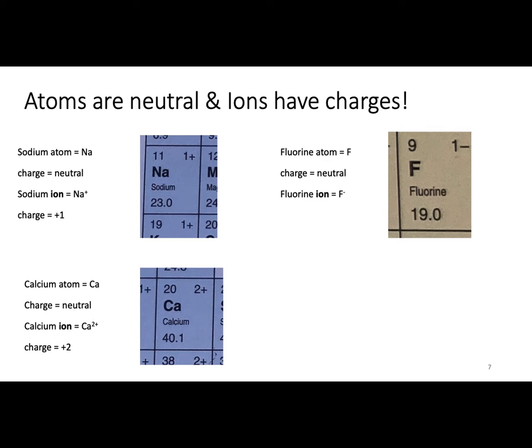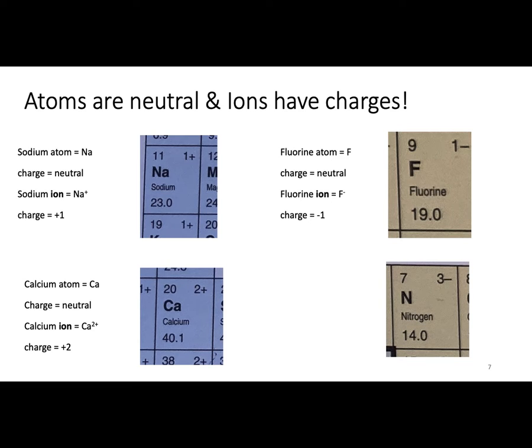A fluorine ion is written as F-. Its charge is -1. Last of all, here's nitrogen. A nitrogen atom is written as N. Its charge is neutral. As a nitrogen ion, it's written as N3-. Its charge is -3.